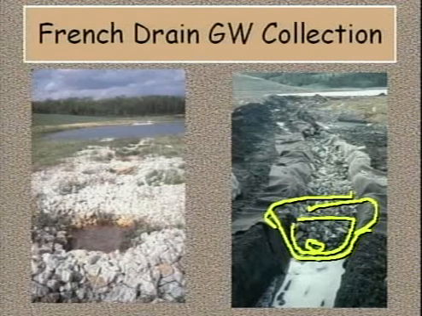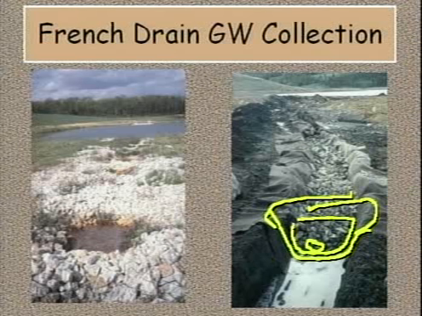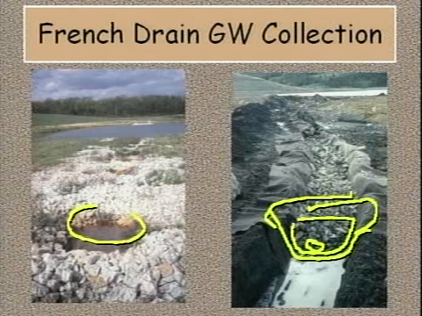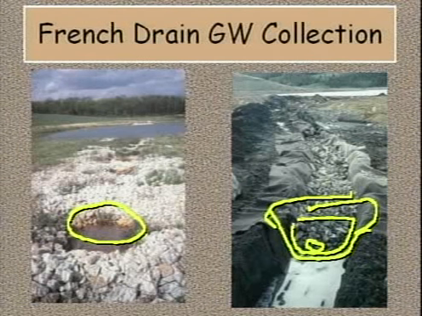When controlling ARD seepage, it's important to select a coarse rock that's compatible with the ARD chemistry. The second example on the left illustrates this point. This is a discharge end of a French drain in a mine waste facility. It may be difficult to see, but there's a lot of iron staining going on right in this part. At this site, limestone was used as the coarse rock in the French drain.